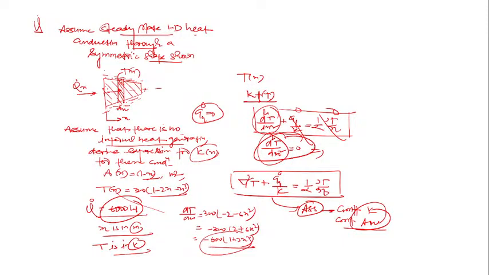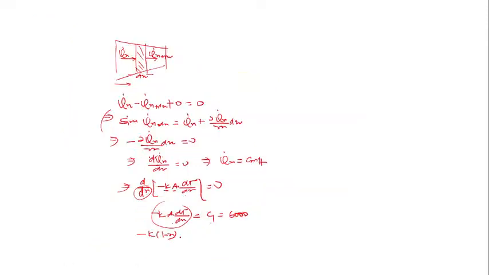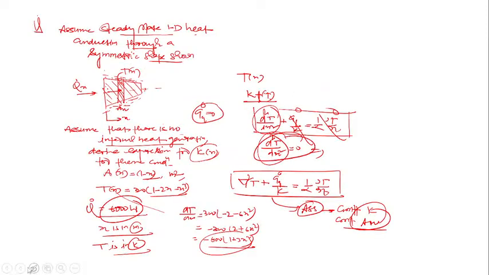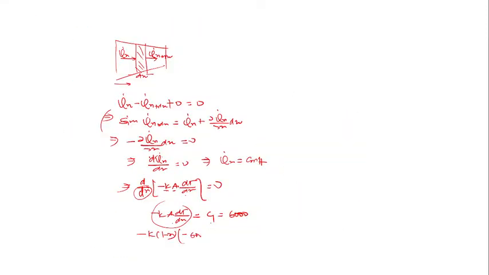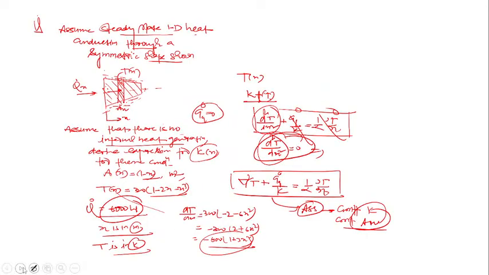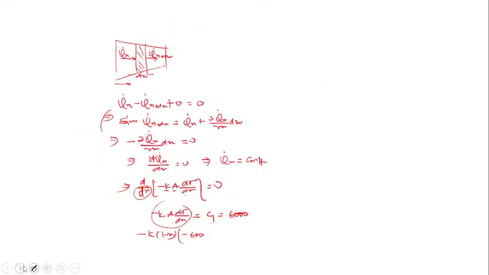Please put this value dt upon dx here. It's a minus 600 into 1 plus 3x square. It's equal to 6000.